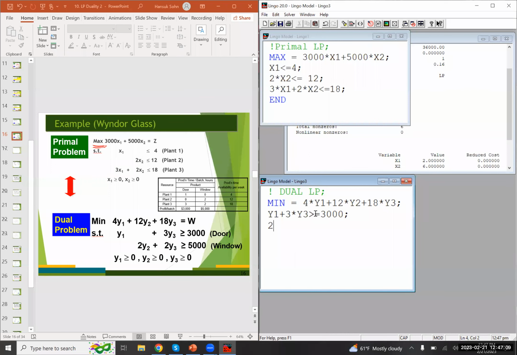Second constraint, 2y2 plus 2y3 greater than or equal to 5,000. And ending mark, oh, I forgot to add the multiplication symbol here. Okay, so that's it. I'm going to solve it.